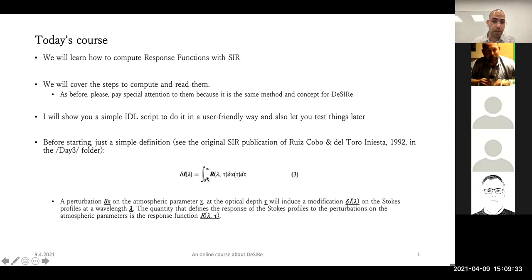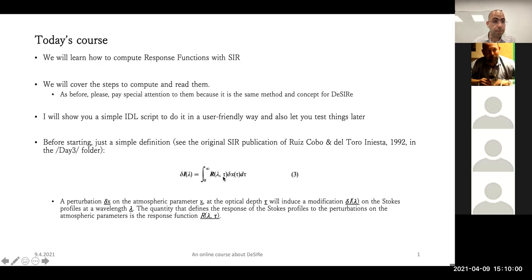The important thing is that when you change the atmosphere, there's a response to that perturbation on the Stokes profiles. The perturbations are done at different heights, but the response is happening in different wavelengths. So these are Stokes profiles, and these are atmospheric parameters.